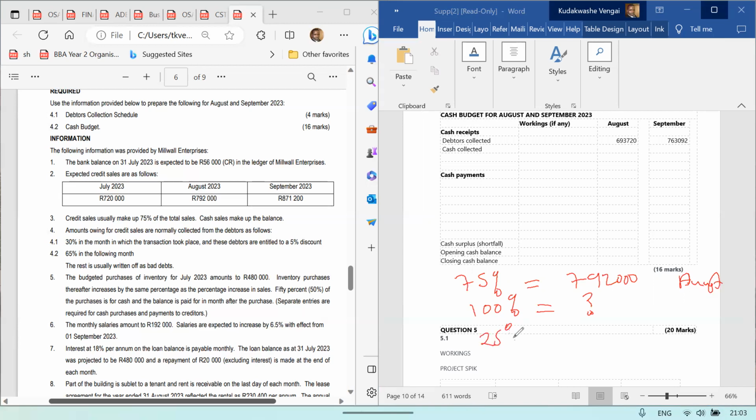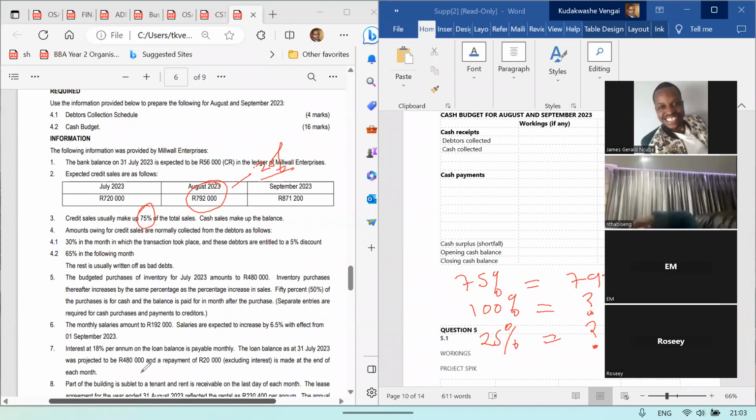Remember, we want cash sales. We are being told that in August, we made credit sales of 792,000. But this 792,000 is only 75%, which means that there is an additional 25%, which was cash sales.